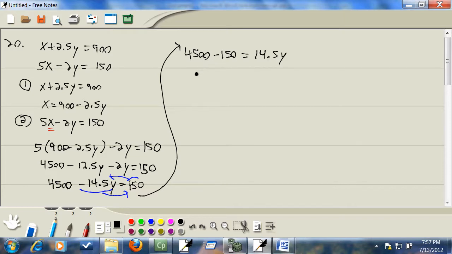Now add numbers at any step. That gives us 4,350 equals 14.5y. Divide both sides by the number in front of your y. So we got 4,350 divided by 14.5. And that's going to give us our y. So let's see what it is. 4,350 divided by 14.5 gives me 300.